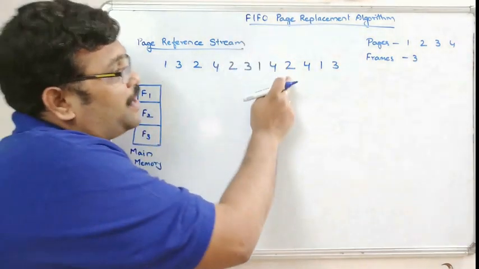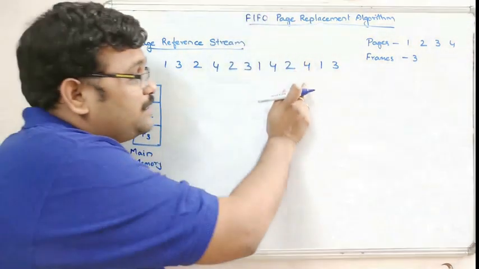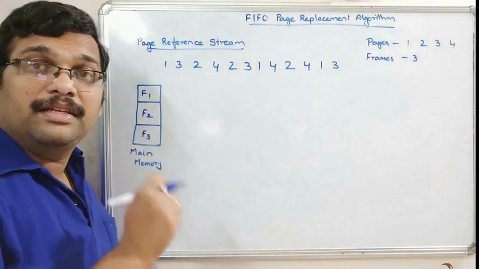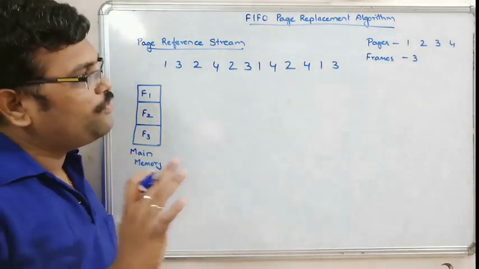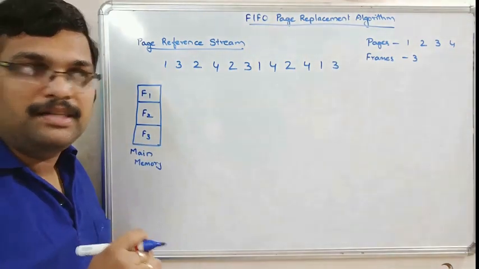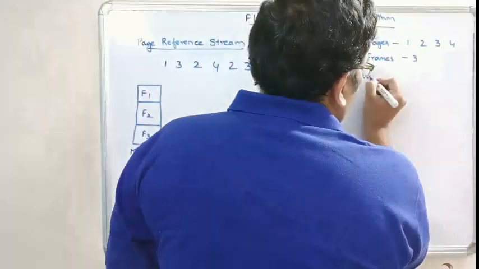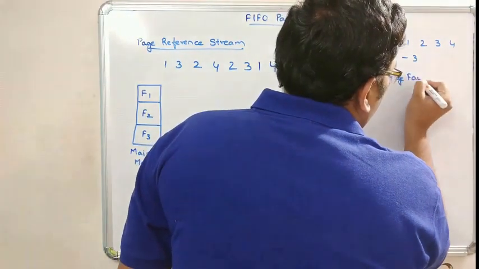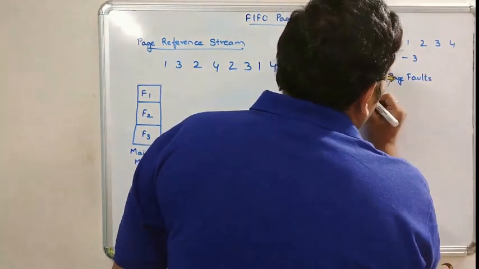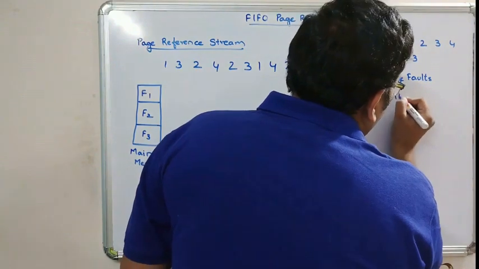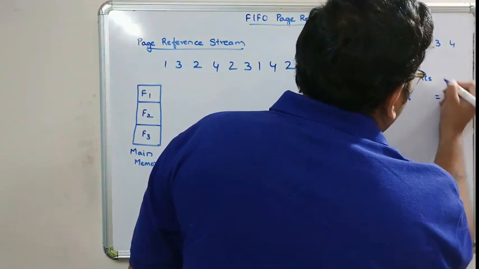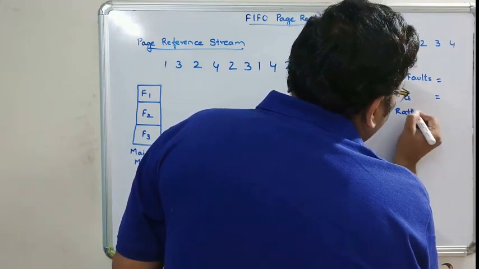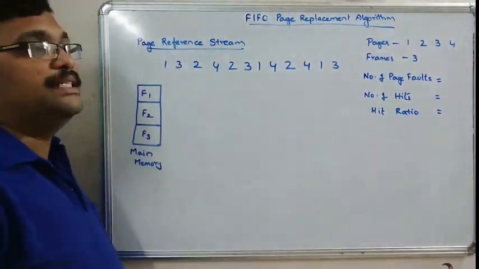And if the required page is available in the frame, then it is called a hit. Now we have to find the page faults, number of hits and hit ratio. So we have to find all these three.